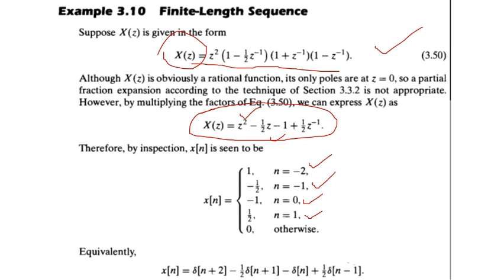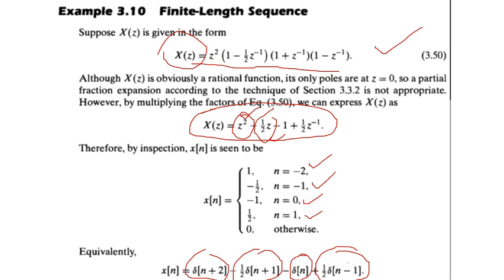So the inverse of z raised power 2 is delta of n plus 2. For the second, the inverse z transform is delta of n plus 1. Likewise for 1, it is delta of n. For 1/2 z raised power minus 1, this is z raised power minus 1. So we are just using the shifting property here and finding the inverse z transform.